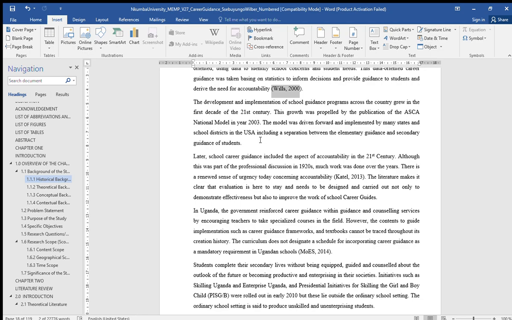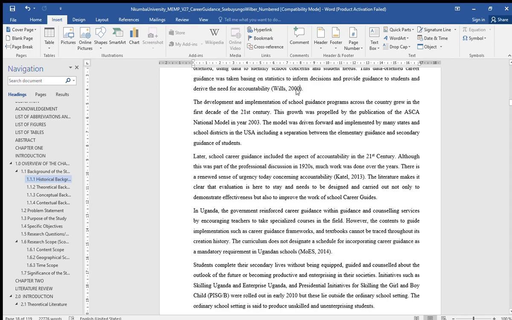So where the panel or the supervisor tells you that your in-text citations are not there in the references, it means that you have cited here, they quoted Wills 2000 said these statements, but they are not there in the references to give detail of what Wills is, which book, which title, who is the publisher, and the pages are not there.